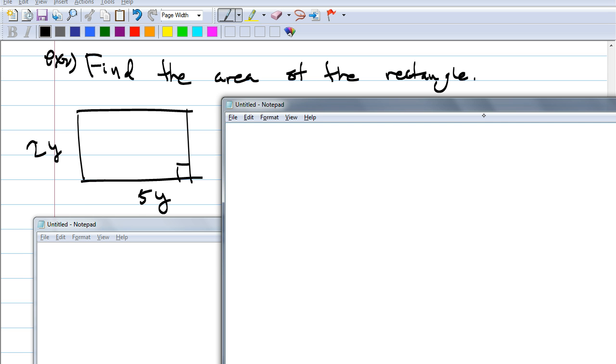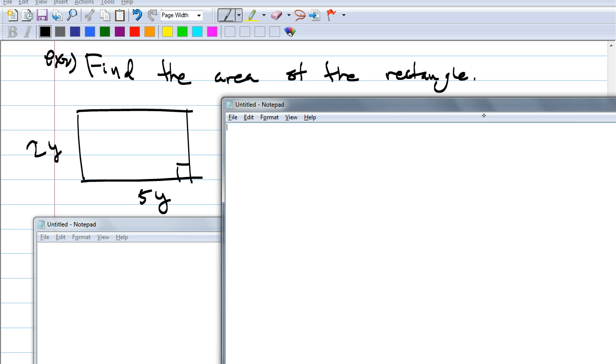So go ahead and write this down. So Harrison, what should I start with if they ask us to find the area of a rectangle? We should use the formula. Formula, exactly right.